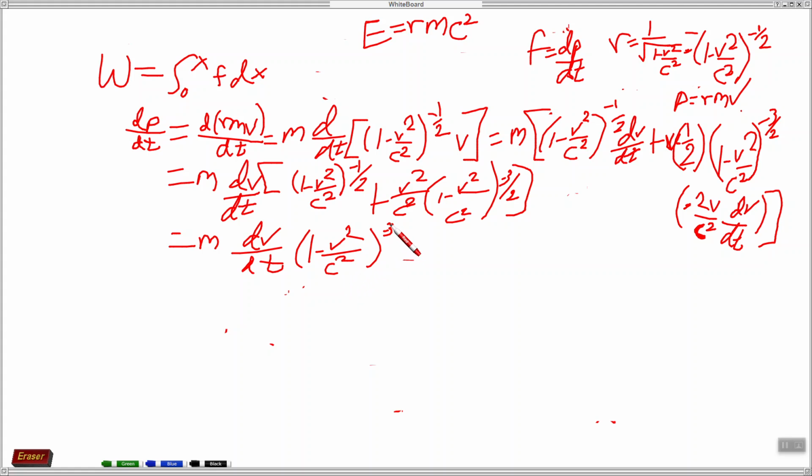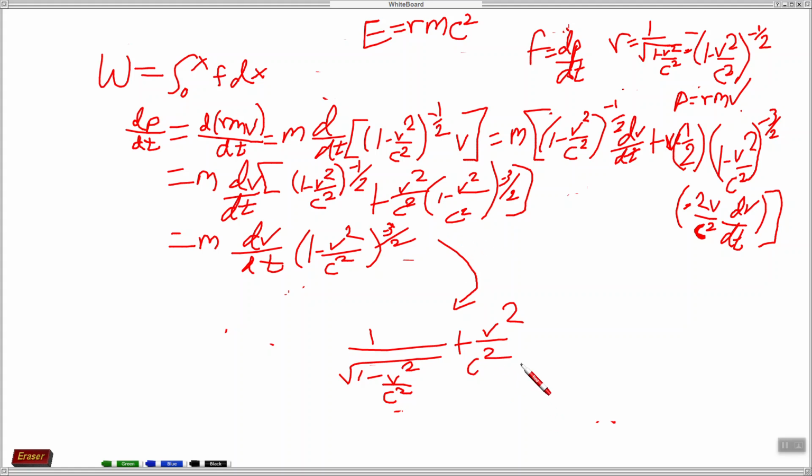Okay, now I'm going to show you how I got to this from here. So let's go to the bottom. So from here, we're going to do 1 over square root of 1 minus v squared over c squared, because (1 minus v squared over c squared) to the power of negative 1/2 turns into this, plus v squared over c squared.